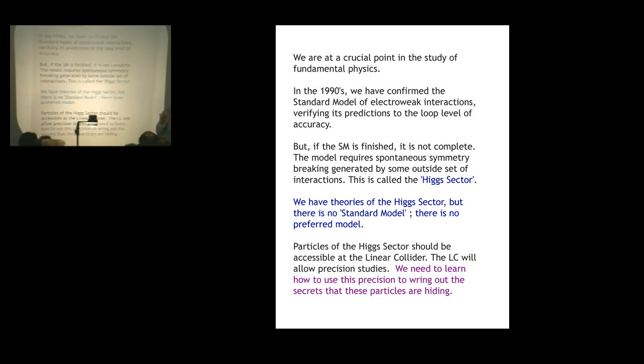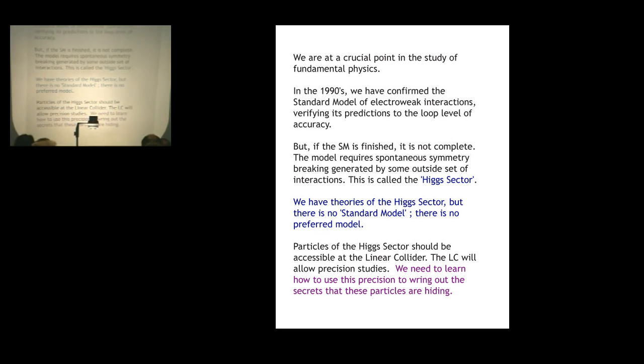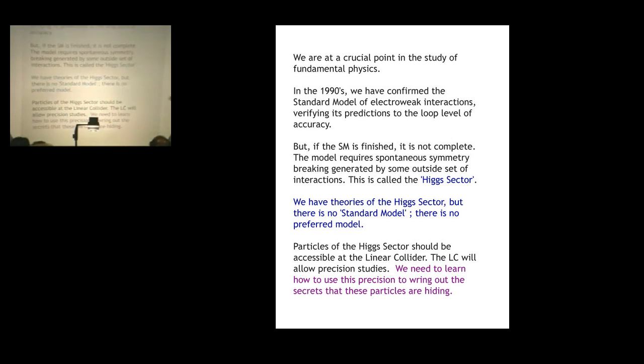We really have now a great deal of confidence that that theory is a correct description of these interactions. But at the same time, that theory is not complete. It requires spontaneous symmetry breaking, and that spontaneous symmetry breaking has to be generated by something which is outside the pure gauge theory. And that is the thing we refer to as the Higgs sector.